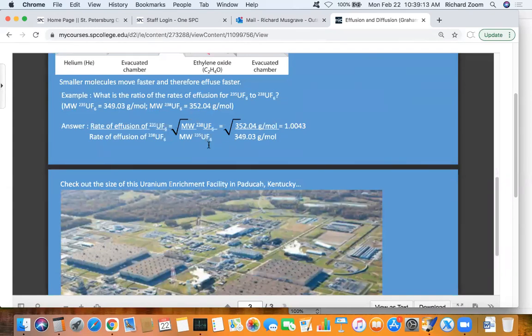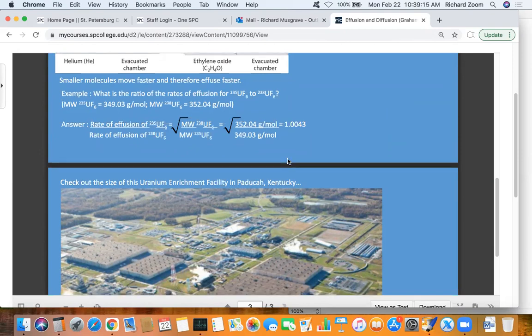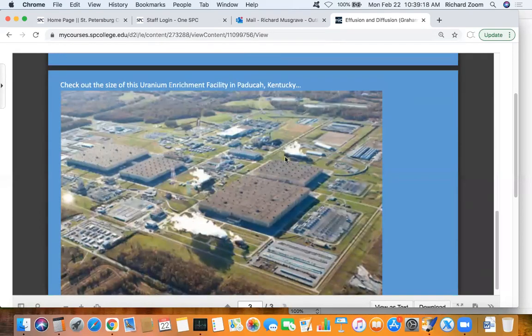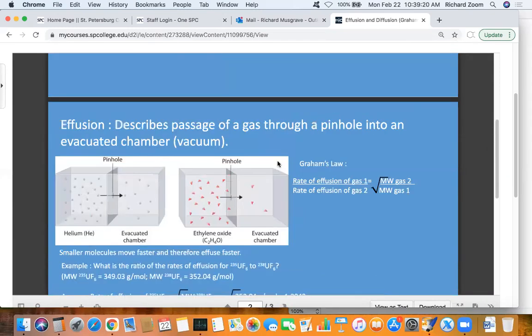So that's what's used in nuclear reactors and also nuclear weapons as well. I don't think they use this method so much anymore. They tend to use centrifuges. You might remember some news about that when talking about Iran and purification of uranium and using centrifuges in order to do that.